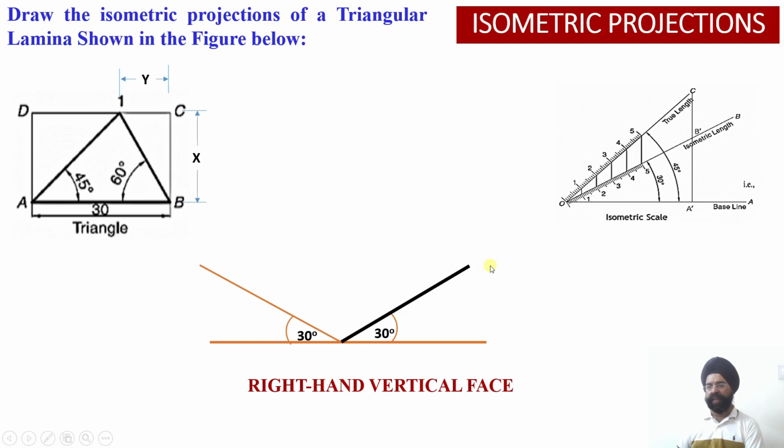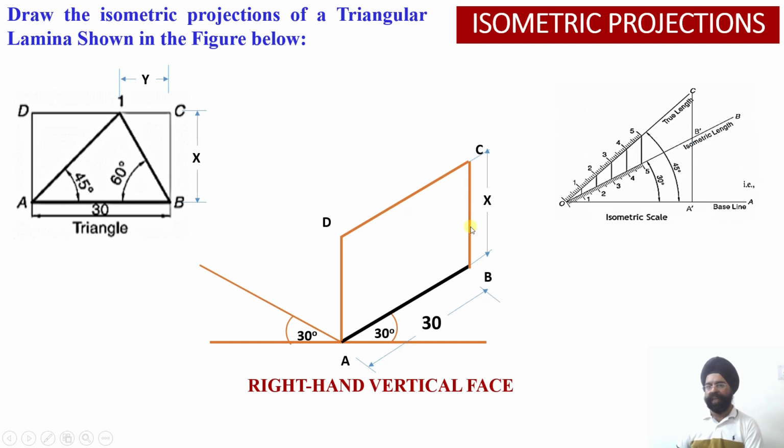Please check, this is my 30 millimeter length, and on the Y axis x millimeter, whatever is this distance, x. This x you mark on the true length, get the appropriate length on the isometric scale, and then draw the two isometric lines over there so that you complete the rectangle.